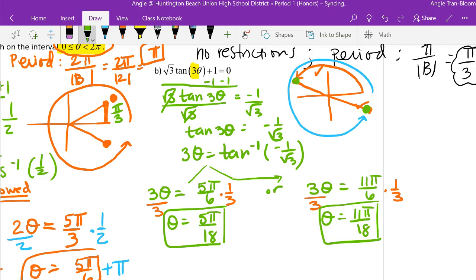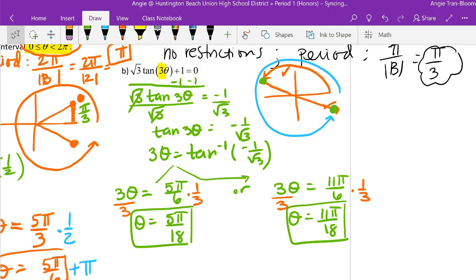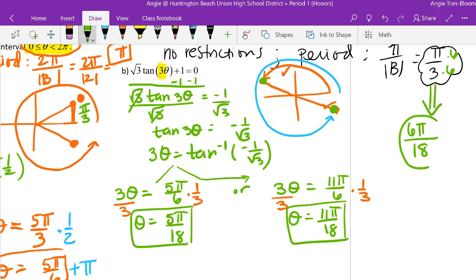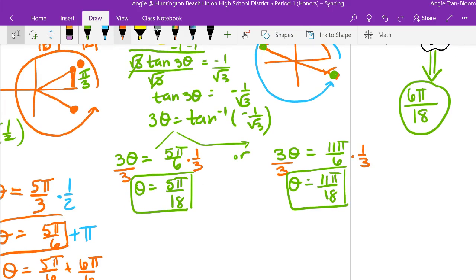Now, let's look at the period. The period is pi over 3. With denominator of 18, that's like multiplying this by 6 and that by 6. So that's really 6 pi over 18 that I need to keep adding until I get to somewhere near 2 pi.